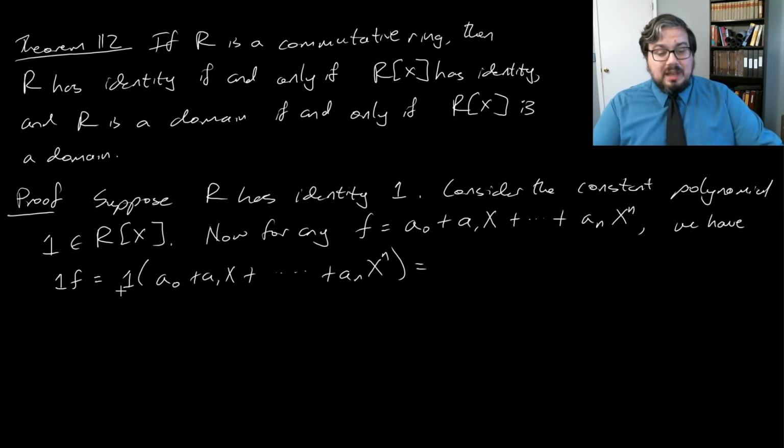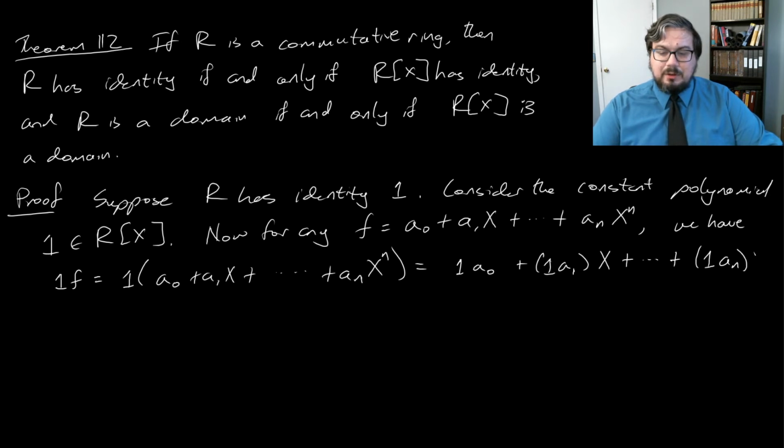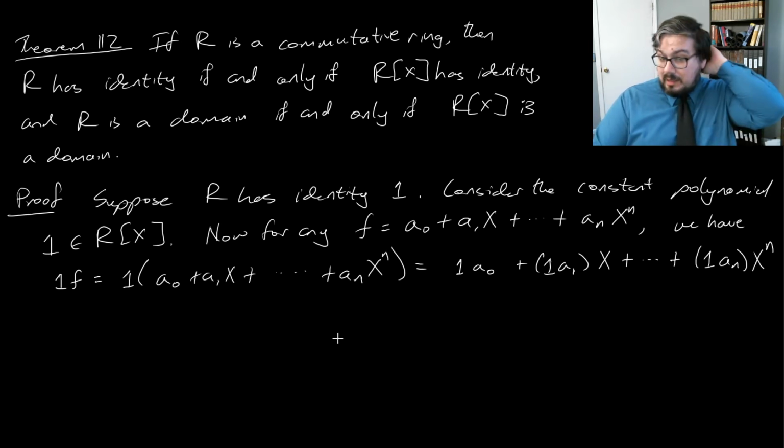But most of the time, you can just use what you're used to doing as far as multiplying polynomials together. So in particular, if I've got some constant multiplied by a polynomial, then that works by multiplying by each one of the coefficients.